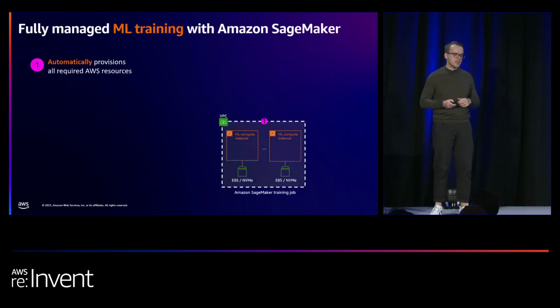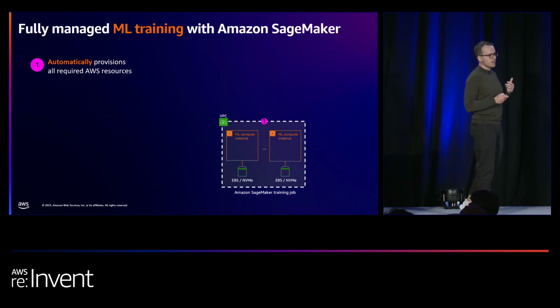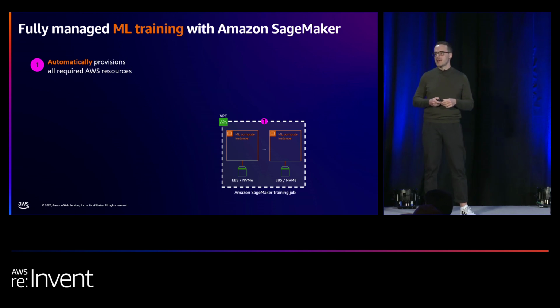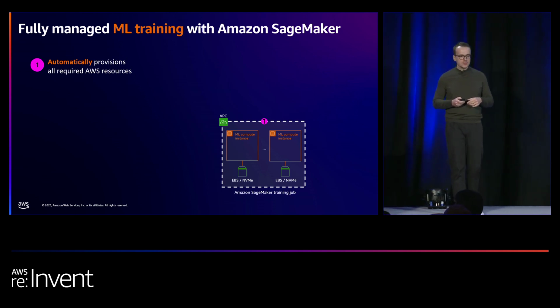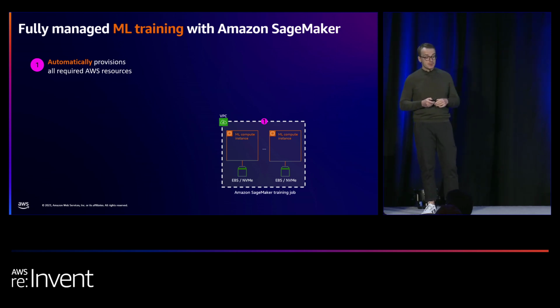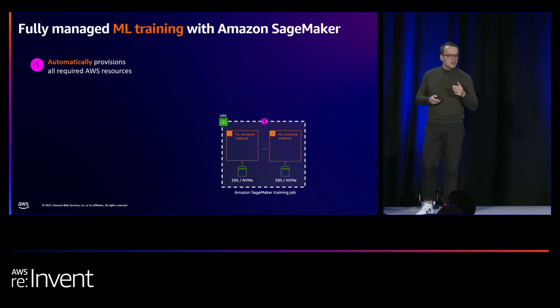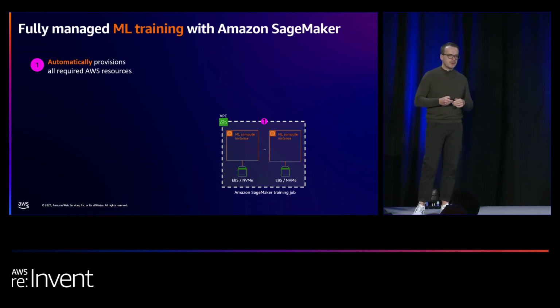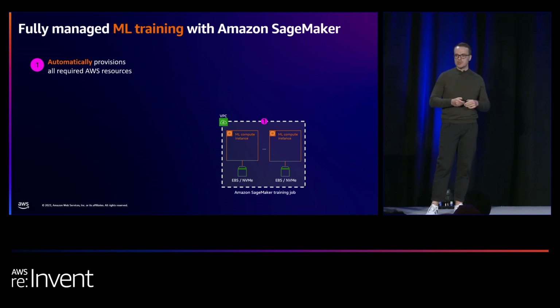Let's first recap quickly what a machine learning training job looks like on Amazon SageMaker. When you file a request to start a training job with SageMaker, the following sequence of events will happen. First, the machine learning compute instances that you have specified in your API call will be automatically provisioned and put behind a virtual private cloud if you have requested that.